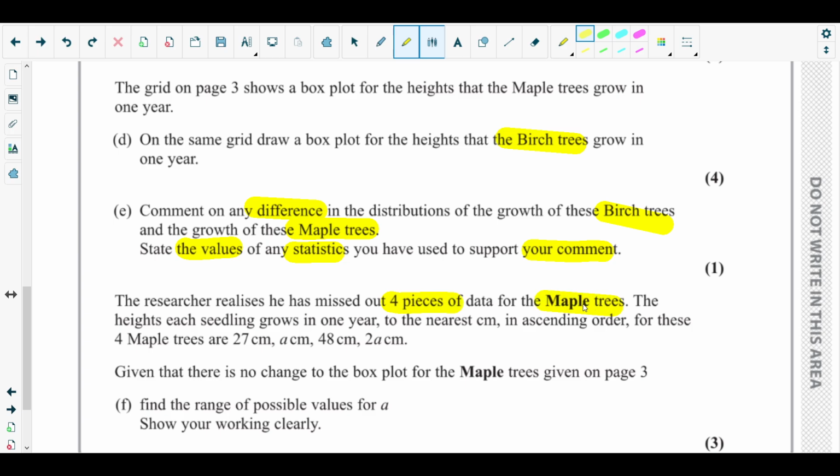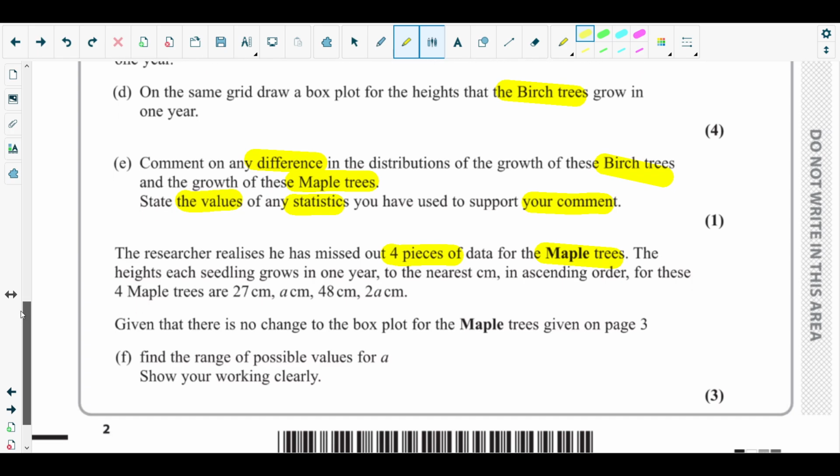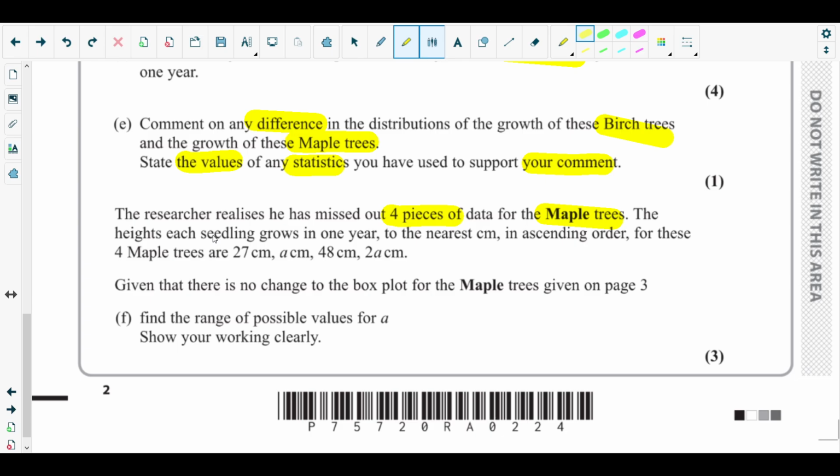The heights each seedling grows in 1 year to the nearest centimeter in ascending order for these 4 maple trees are 27 centimeter, A centimeter, 48 centimeter, 2A centimeter. Given that there is no change to the box plot for the maple trees given on page 3. So due to these 4 missing data, the box plot of maple trees is not changing.